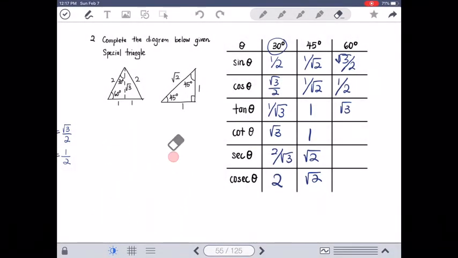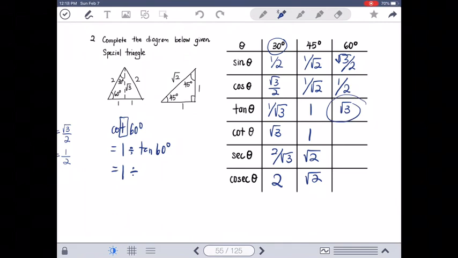Now for cot 60 degrees. Cot 60 degrees equals 1 over tan 60 degrees, and tan 60 degrees is square root of 3. So it's 1 over square root of 3.